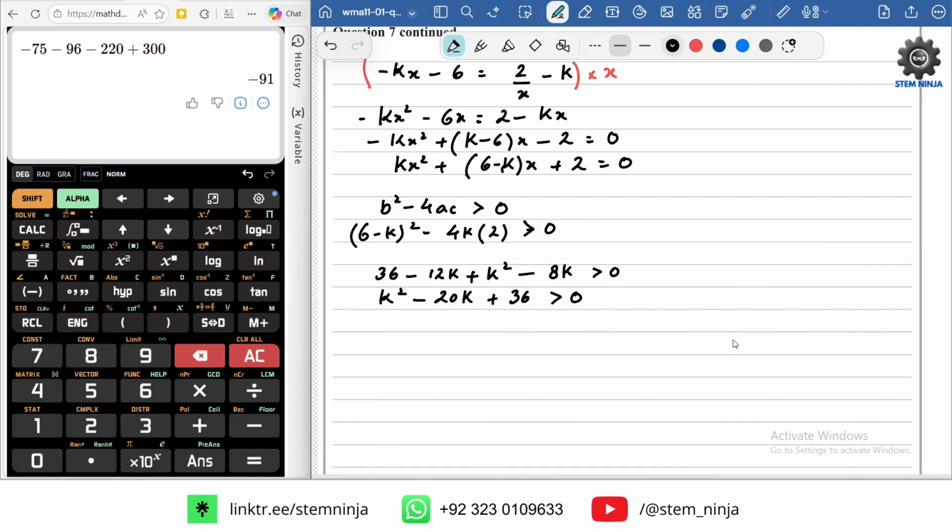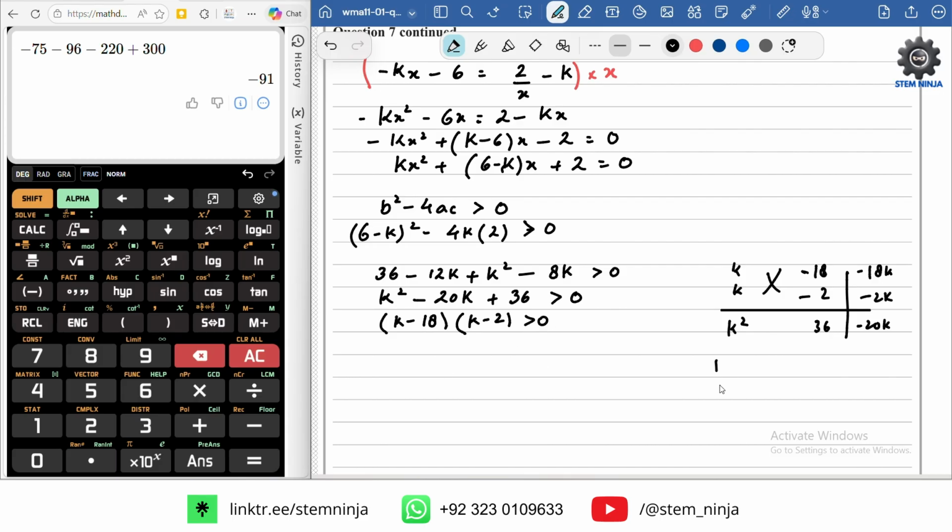I think 18 and 2 would give us that answer. So k squared minus 20k plus 36, k and k, 18, 2. If both of them are negative, you will get minus 18k minus 2k. So you are getting (k minus 18)(k minus 2) greater than 0.